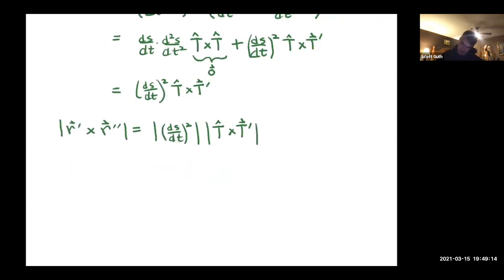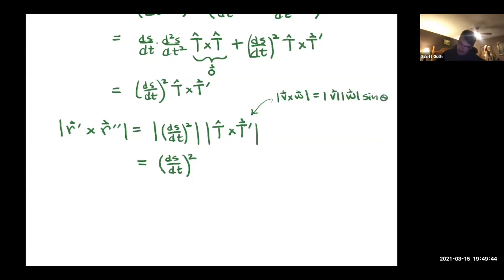For the first part, we'll just say ds over dt squared, and that's just speed squared. Now, don't forget that the magnitude of v cross w, as a principle, is the magnitude of v times the magnitude of w times the sine of the angle that separates them.